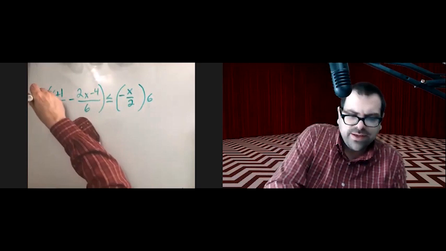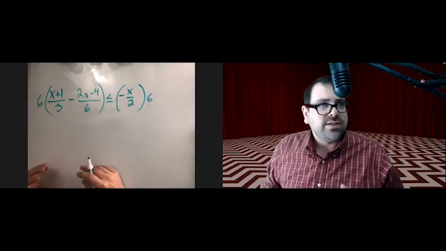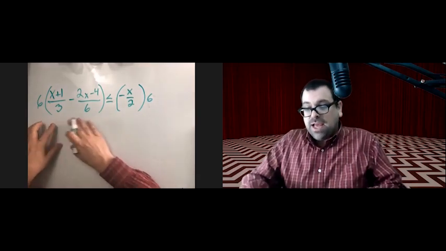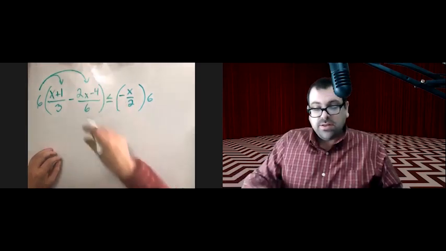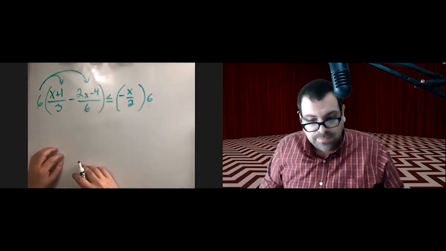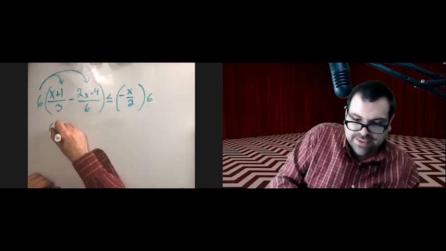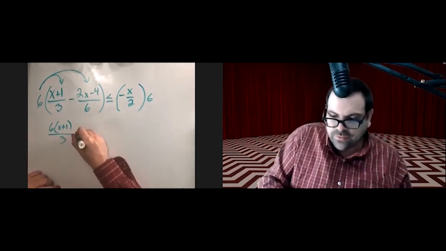Why am I doing this? I'm doing this because it's going to get rid of the fractions. So notice, multiplying both sides means that the 6 gets distributed to both of these terms. It's like having a 6 times the x plus 1, and all of that's over 3.